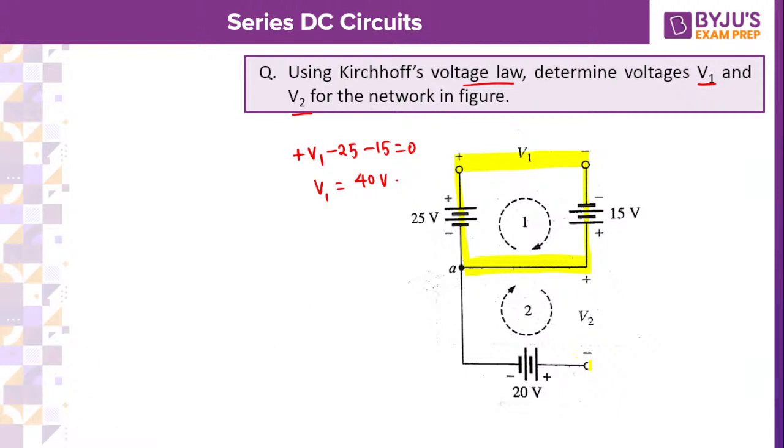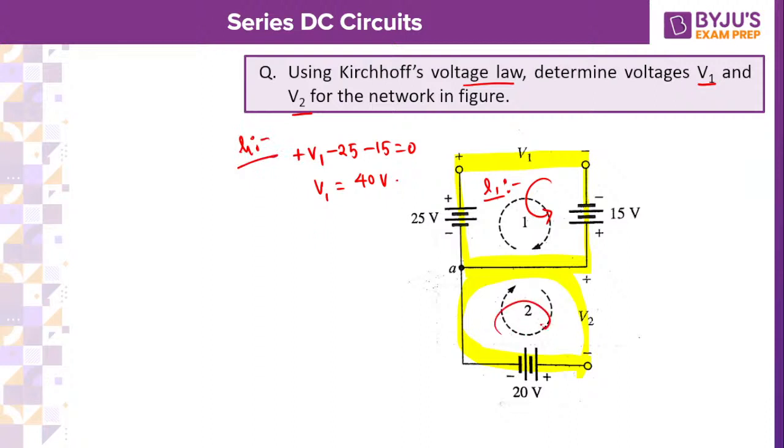Next, V2. You can check V2 in the clockwise direction. Minus 20 and minus V2 is equal to 0. No need to be in the given direction; you can go in any one direction, no issues. This is loop 1, I just moved in anti-clockwise direction.